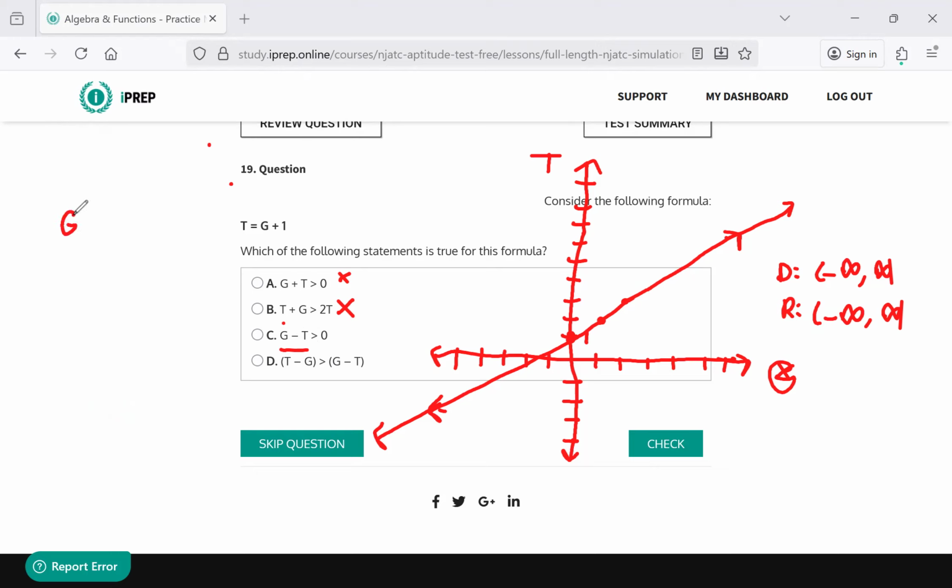So it's g minus parentheses, and then replace t with g plus 1. Is that greater than 0?